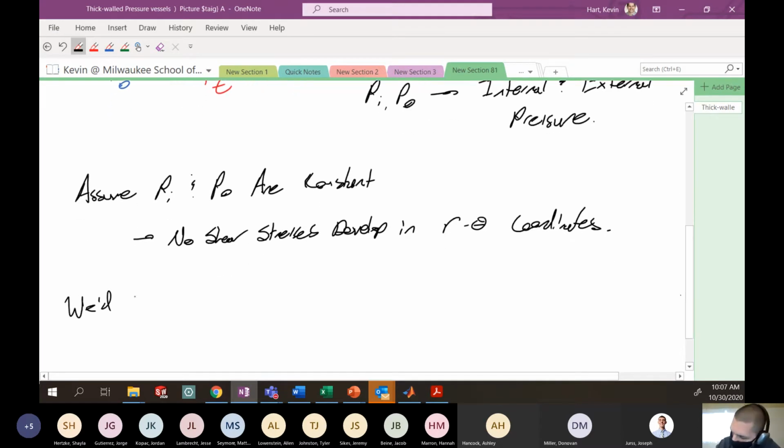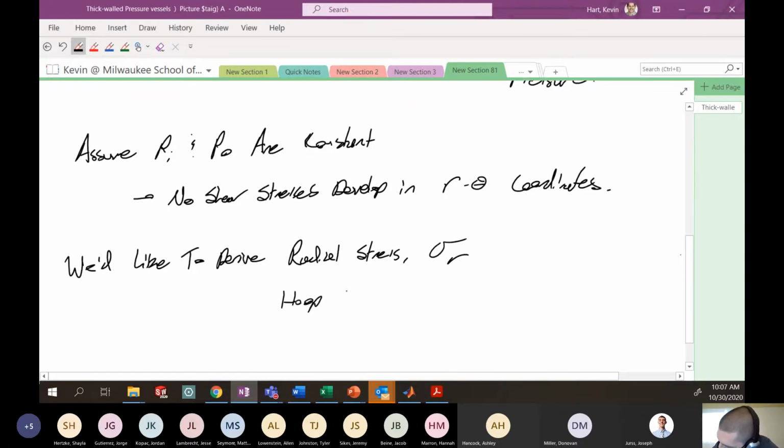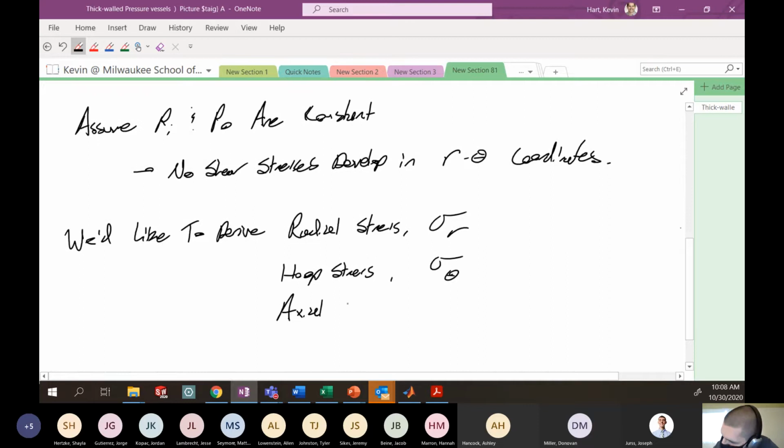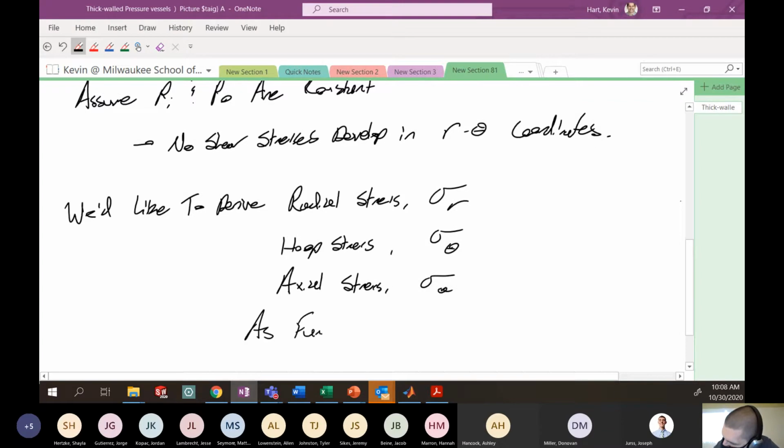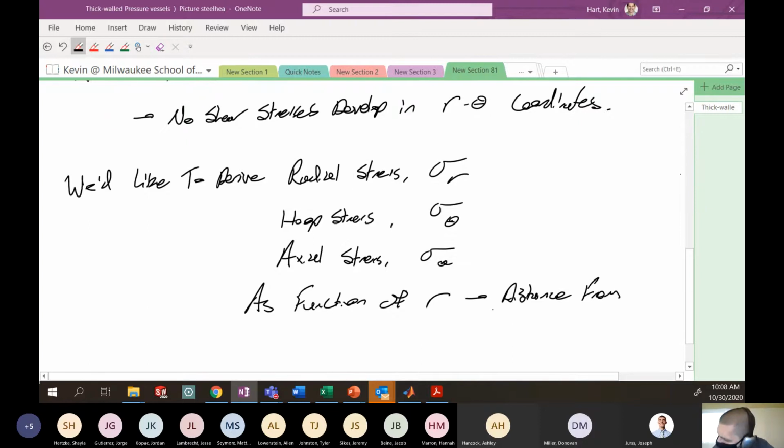So we'd like to derive radial stress, which we'll call sigma r, hoop stress, which we'll call sigma theta, and axial stress, sigma a, as a function of r, which is the distance from the center of the cylinder. And I mean the central axis here.